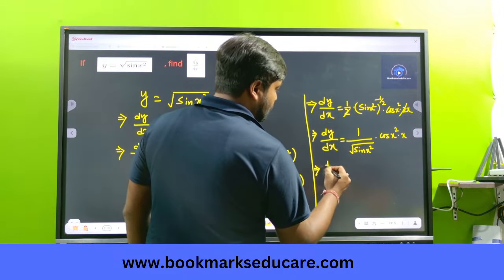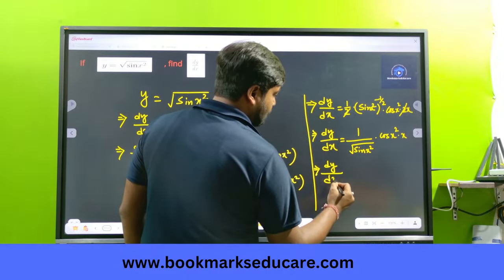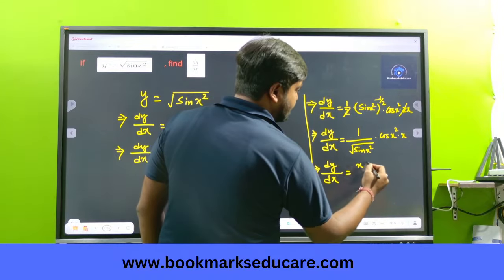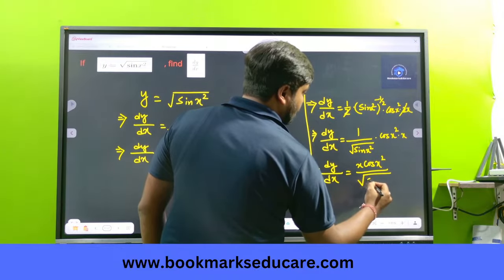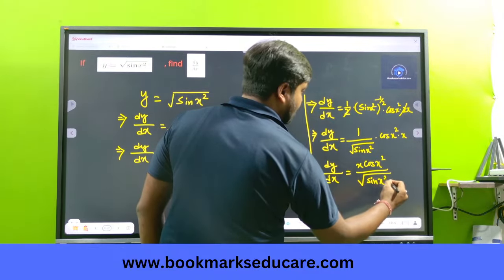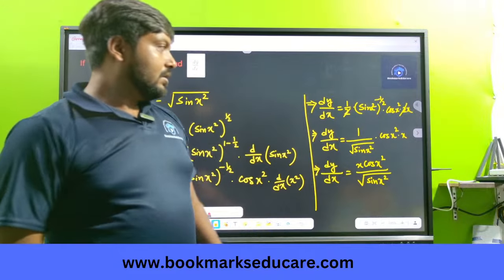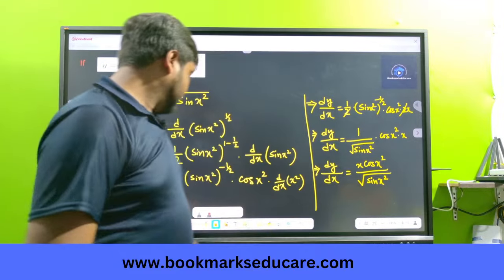So the final result is x cos x square by root over sin x square. So this is the sum. Let's proceed.